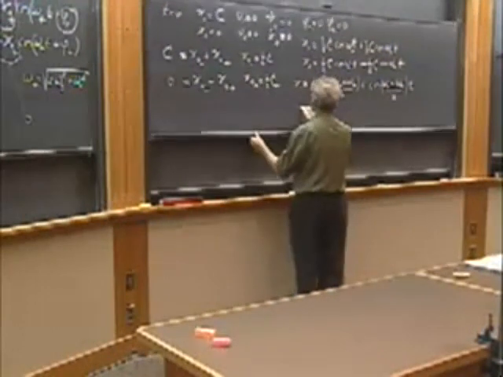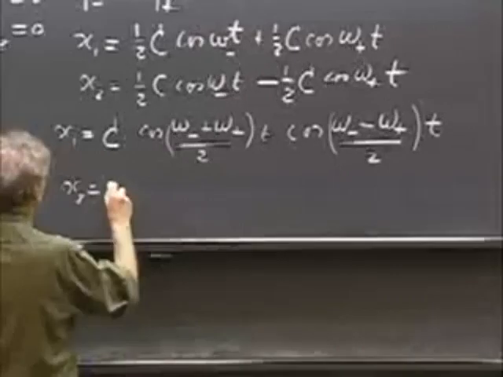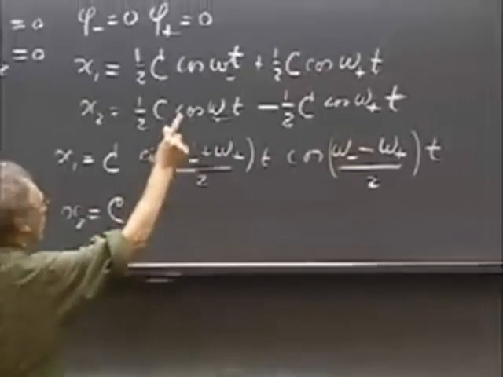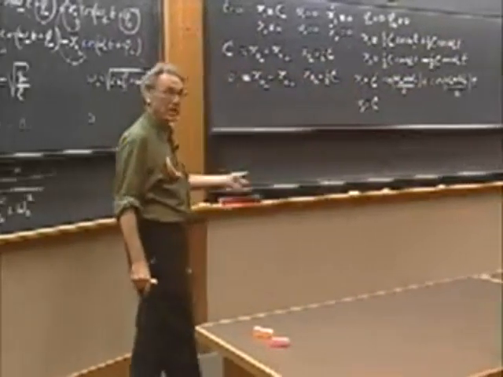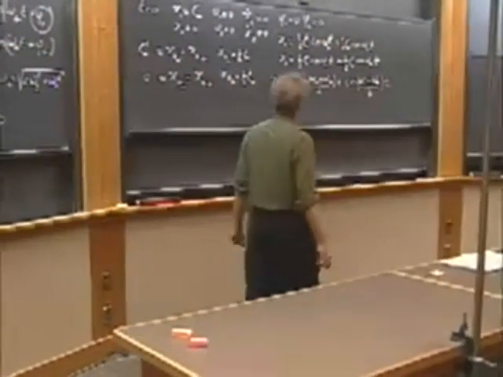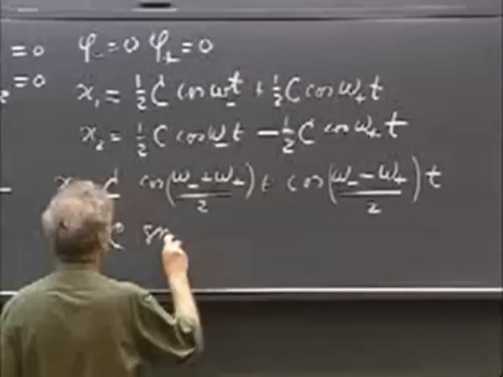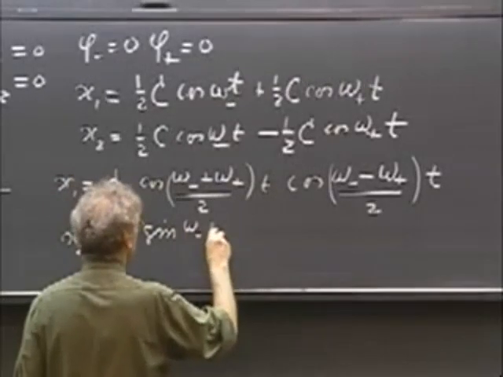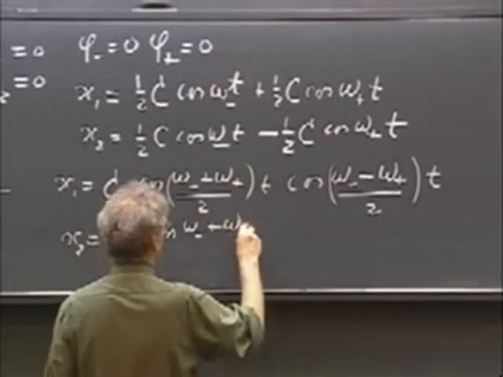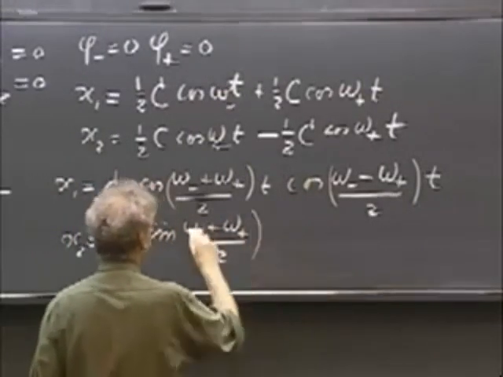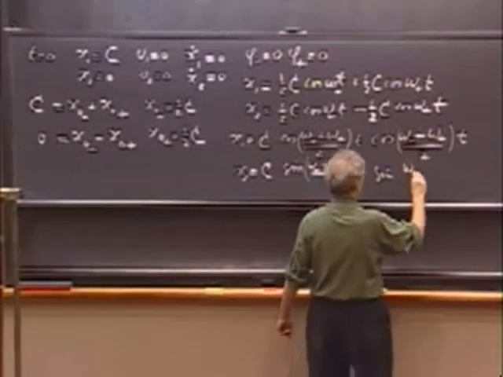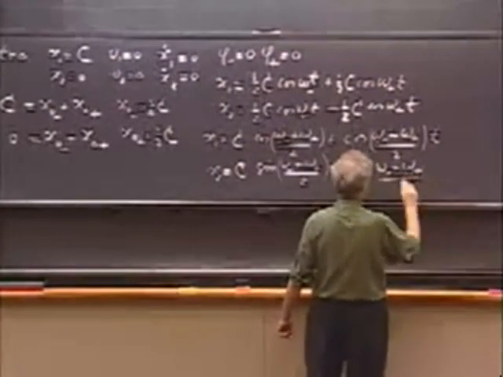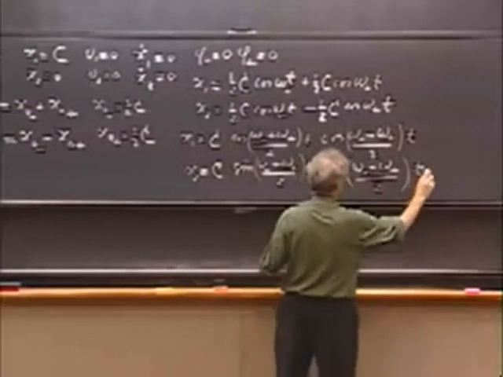And x2 as a function of time. I now have the cosine of alpha minus the cosine of beta. That is twice the sine of half the sum times the sine of half the difference. So now I get here the sine of (omega minus plus omega plus) divided by 2 times t, times the sine of (omega minus minus omega plus) divided by 2 times t.